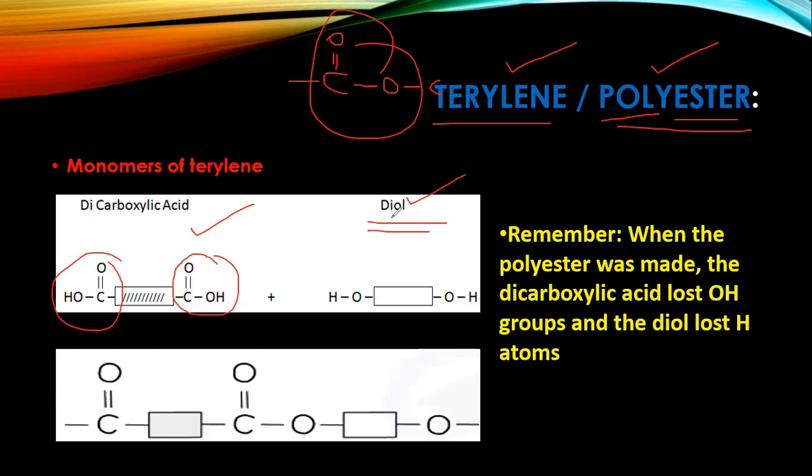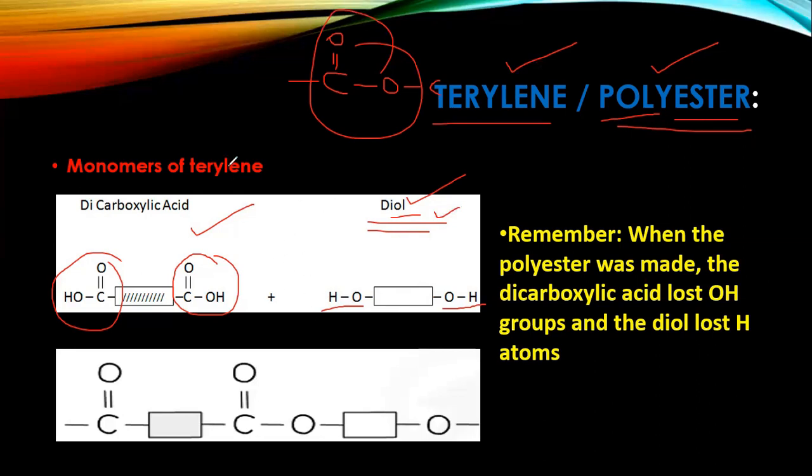You can think about the suffix -ol, where you learned about alcohols. You can see the alcoholic functional group, the OH group, is bonded on both ends of the carbon chain. So it has two alcohol functional groups, two hydroxyl groups. That's why the name of this monomer is diol.